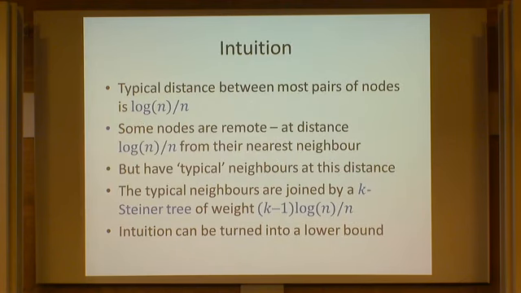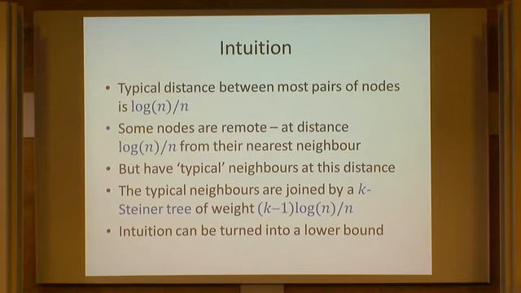Okay, so where does the intuition for our result come from? As already mentioned, the typical distance between pairs of nodes is about log N over N. But again, we use the intuition from Svante's work. The reason that if you're looking at shortest paths, you get 3 log N over N is that there are some nodes, out of N nodes, a small number which are very far from everybody else.